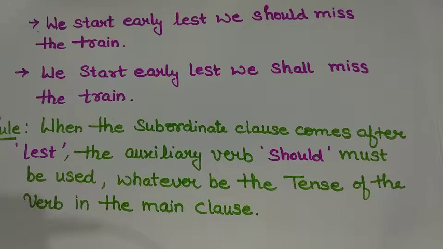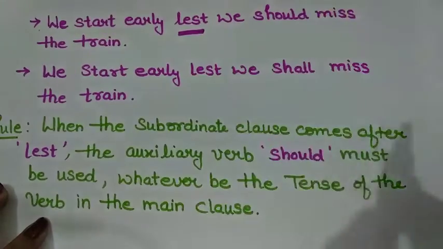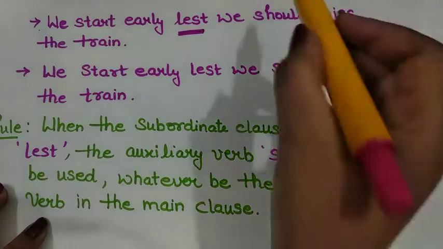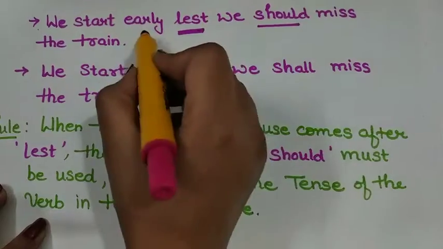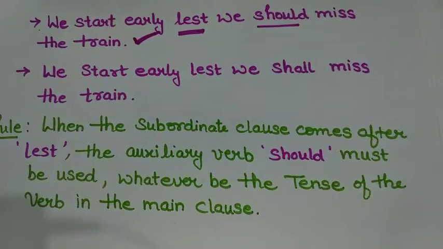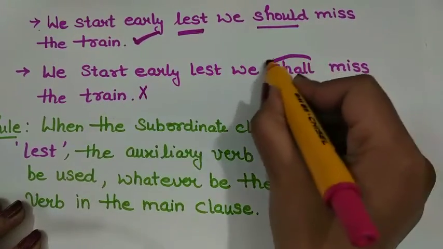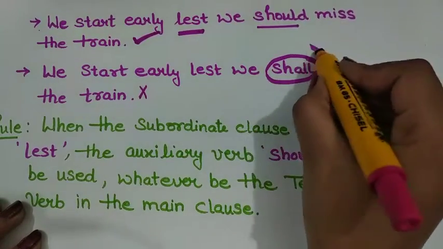Whenever you see the word lest, the auxiliary you can use is should. So the first one is the correct sentence, and the second one, where I have used shall, is wrong.